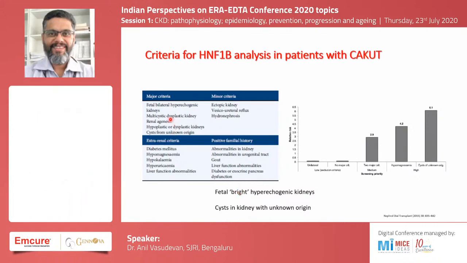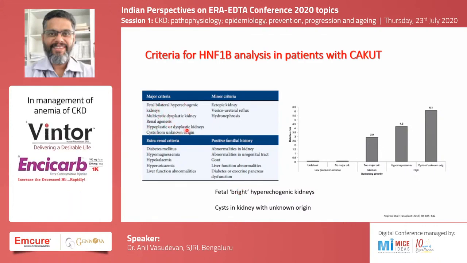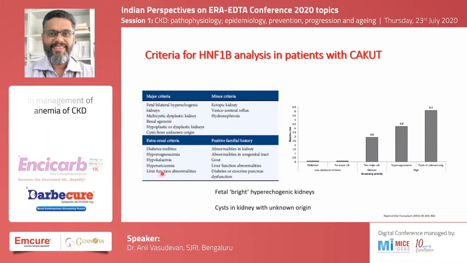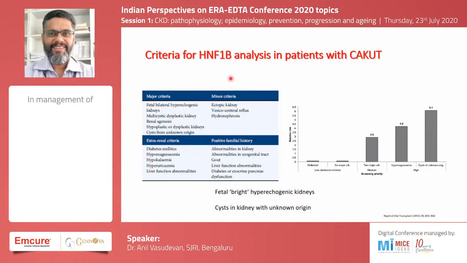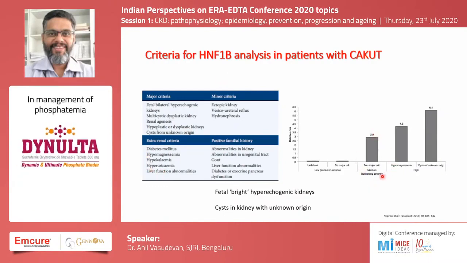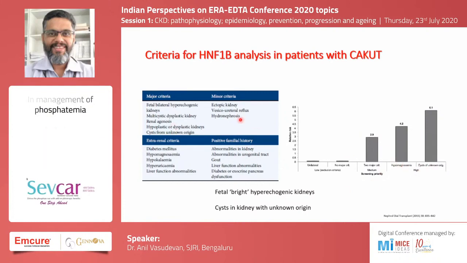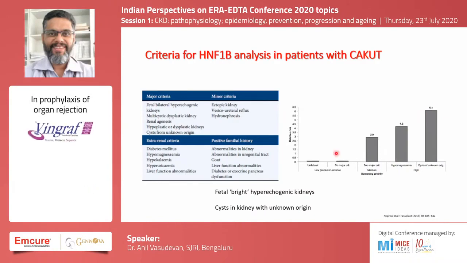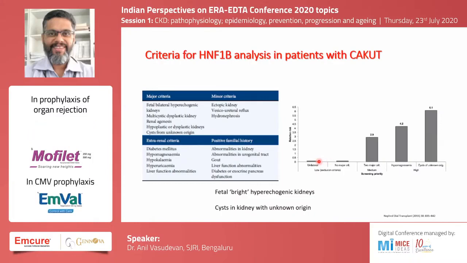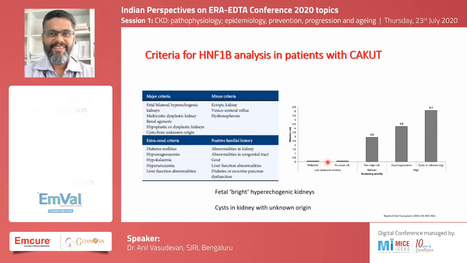As you can see, there are major criteria, especially if there are fetal bilateral hyperechogenic kidneys or cystic kidney disease. And if you have a positive family history and some extra-renal criteria, then they can have an HNF1 beta mutation. So as you can see here, if you have 2 major criteria, along with hypomagnesemia and cyst of unknown origin, the odds of finding HNF1 beta is much higher as opposed to a child who has a unilateral CAKUT or no major renal hypodysplasia.